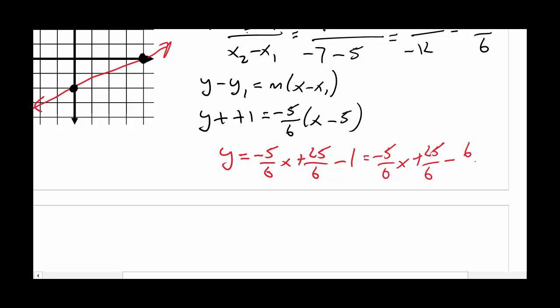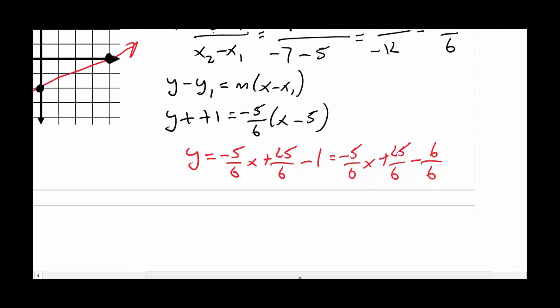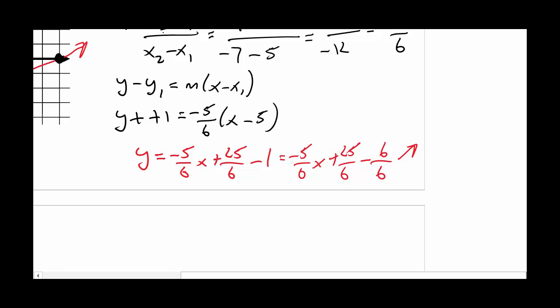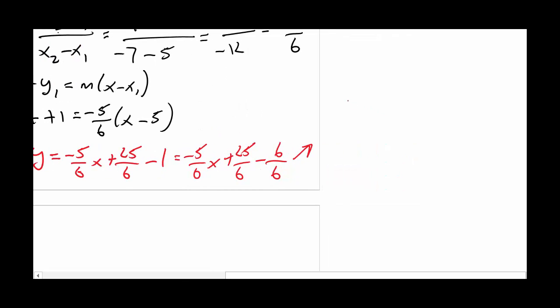We're going to rewrite that 1 as 6 over 6. And 25 minus 6 gives me 19. Okay, so my equation is y equals negative 5/6x plus 19 over 6.